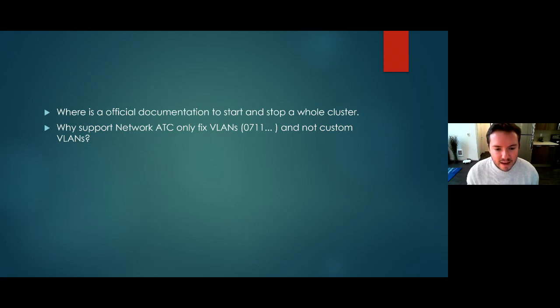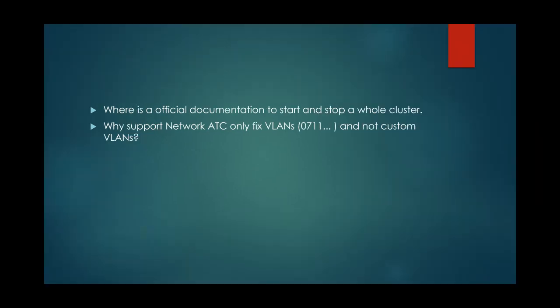Yeah, I'm Jacob Petticord. I'm a PM on the core networking team, but I do a lot of work to support features like Network ATC that help make Azure Stack HCI networking a better experience for you all. So I believe that the question is, can you set a VLAN other than 711? And the answer is yes, you absolutely can.